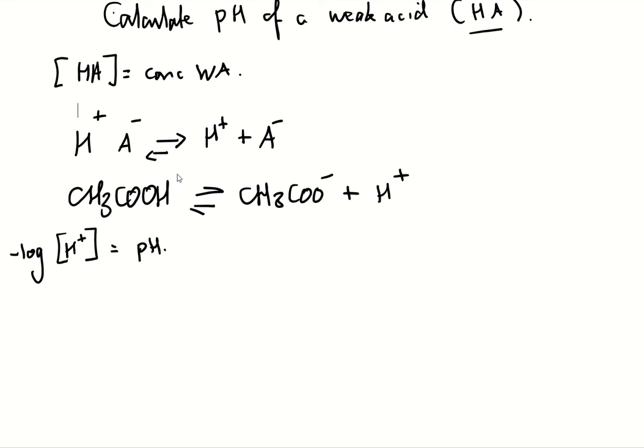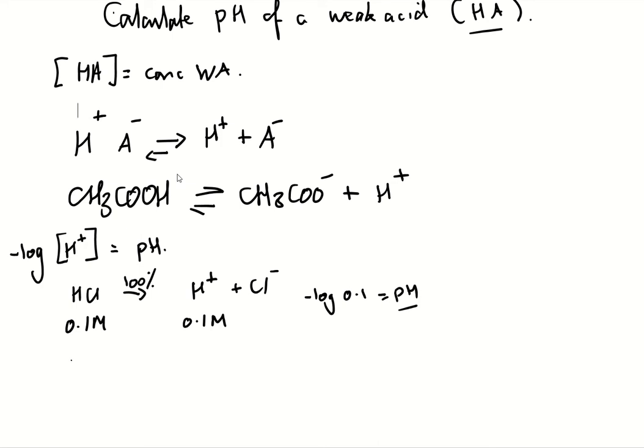So when I did, for example, hydrochloric acid, a strong acid that 100% ionizes to hydrogen ions and chloride ions, if I had 0.1 mole per decimeter cubed hydrochloric acid, because it's a 1-to-1 ratio, my hydrogen ion concentration would be 0.1, and all I would do is minus the log of 0.1, and that would give me the pH of that particular acid.